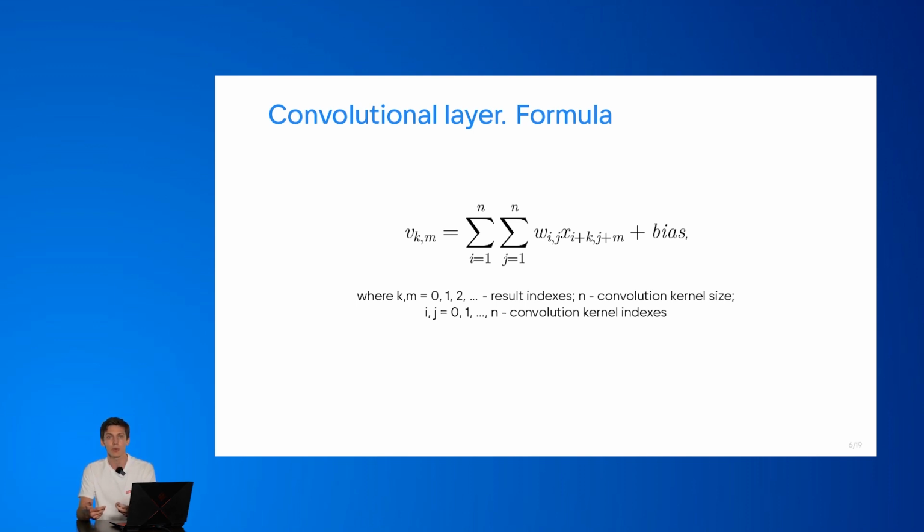And as we have already learned, a composition of linear transforms is a linear transform too. So there is no sense in applying convolutional layers consecutively. That's why we will use blocks that consist of our convolutional layer, activation function, and pooling layer. We will discuss pooling layers a bit later.